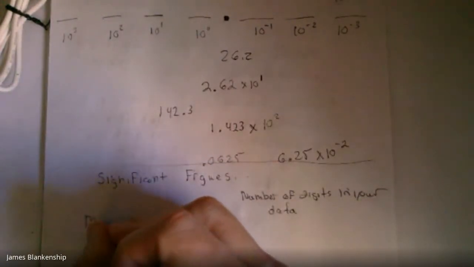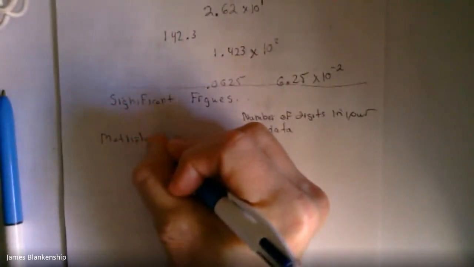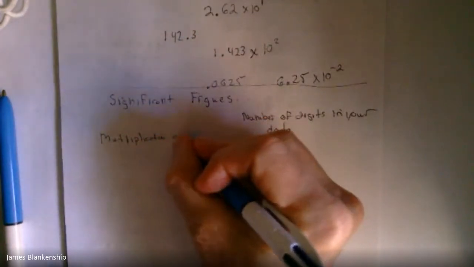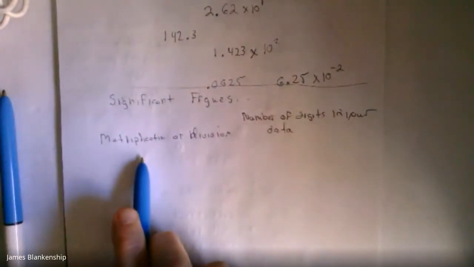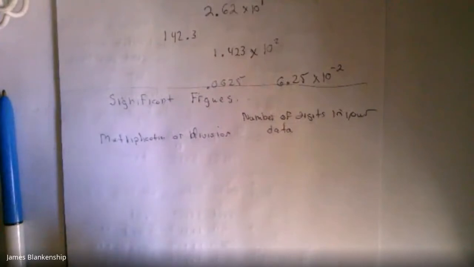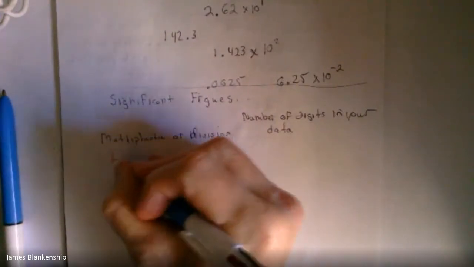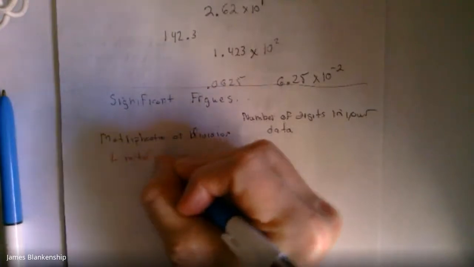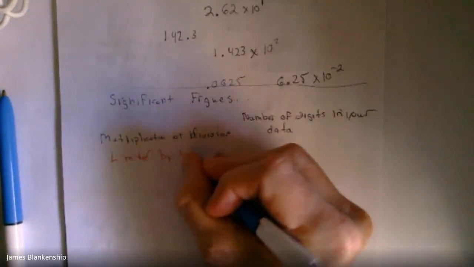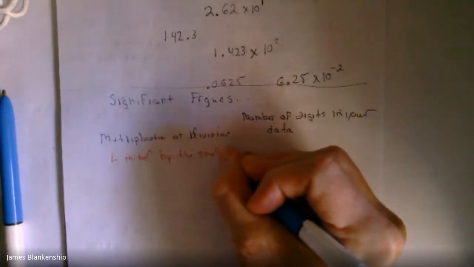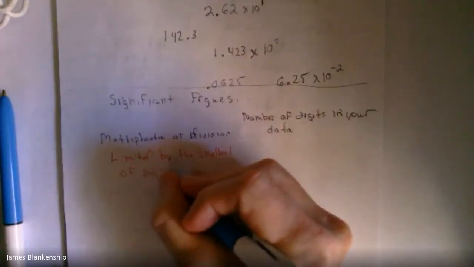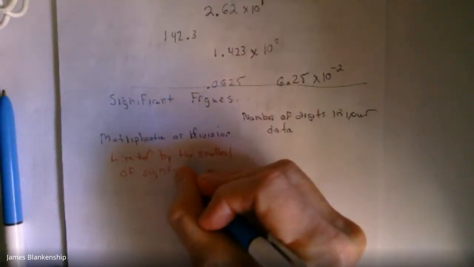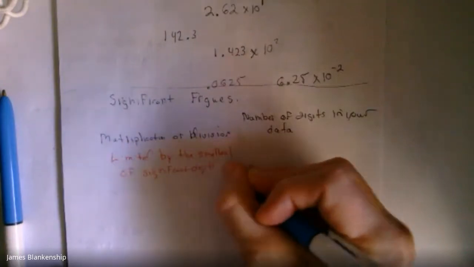So if you're doing multiplication or division, that's the easier one to keep in mind. I think it's very easy because we're going to think about multiplication and division. You are limited by the smallest number of significant digits in your data.